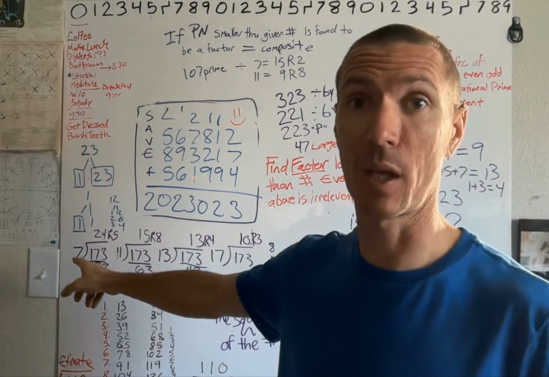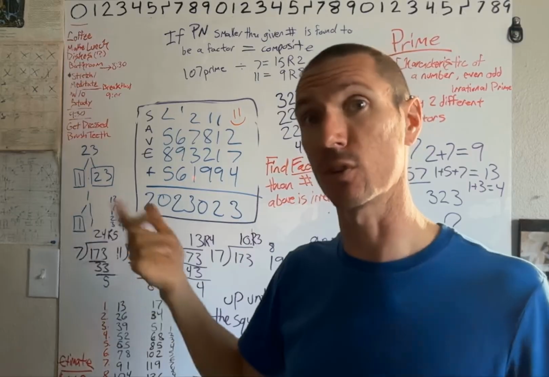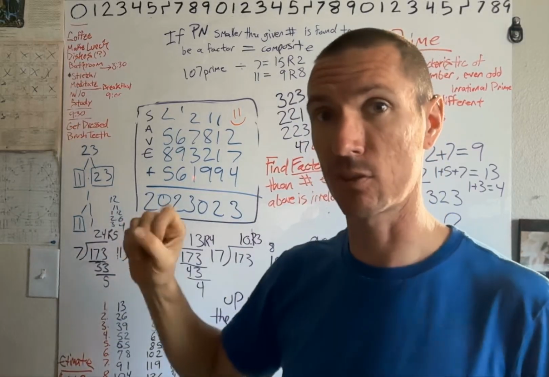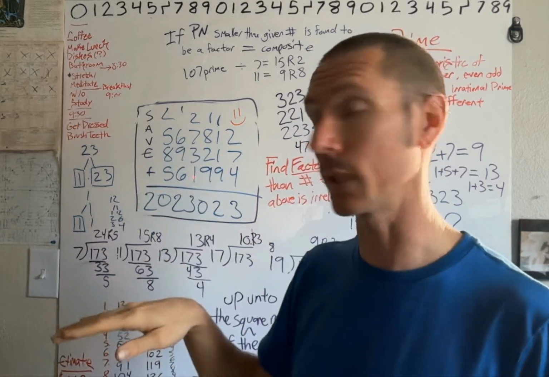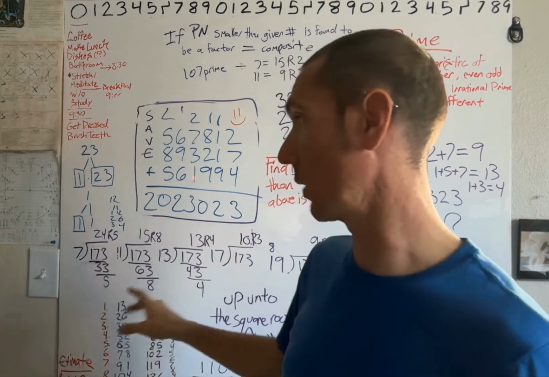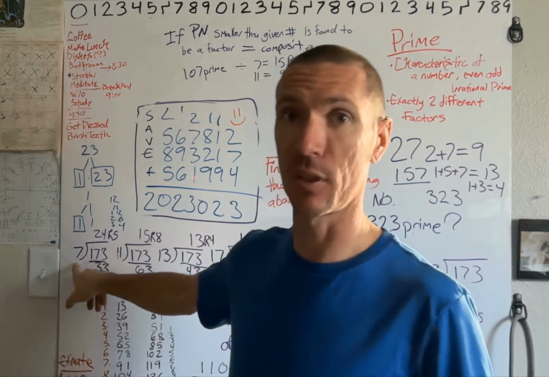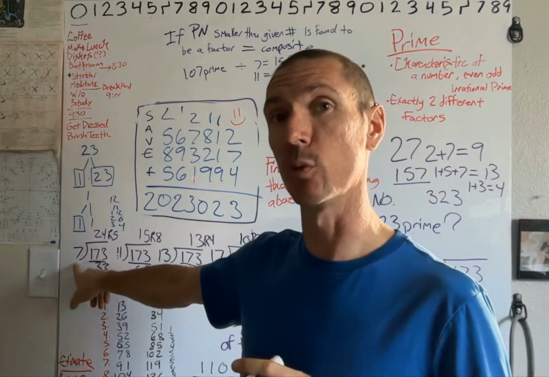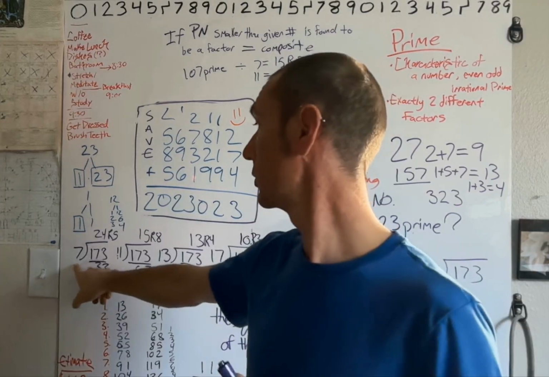And is it divisible by 5? No, because it doesn't end in a 5 or a 0. So you can just test 2, 3, and 5 real quick. But from there, you have to go up and test the multiples of the other prime numbers.